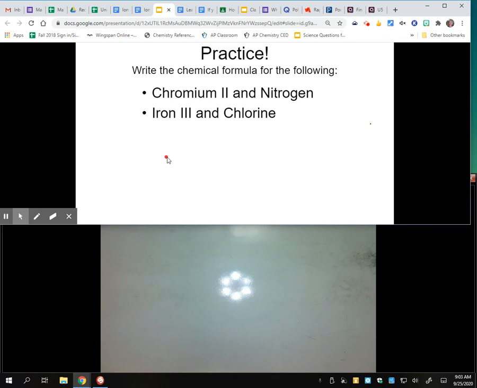Okay, so these were the ones we practiced with yesterday, and we did some pretty simple crisscrossing with those atoms. The metal atoms are going to indicate with the Roman numerals what their charge is going to be. And then when we were naming them, we could simply uncrisscross in order to get the charge of the metal atom.